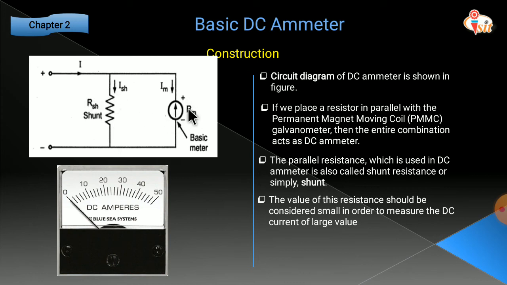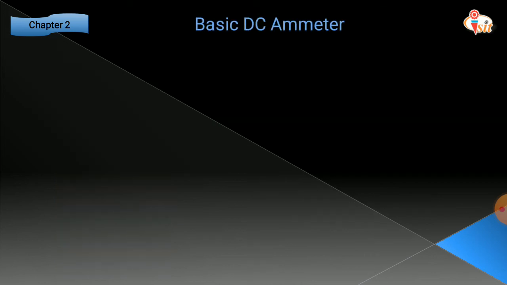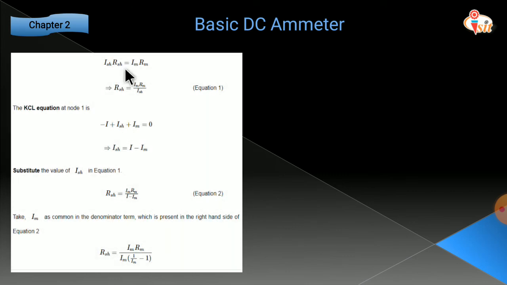These are the two parallel branches, therefore the voltage across these two is the same. That's why we write ISH into RSH is equal to Im into Rm. Now taking ISH to the right-hand side, it gets divided: RSH is equal to Im Rm upon ISH. Simply, this is a mathematical rule.